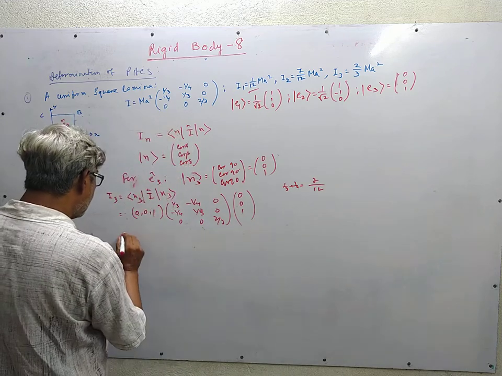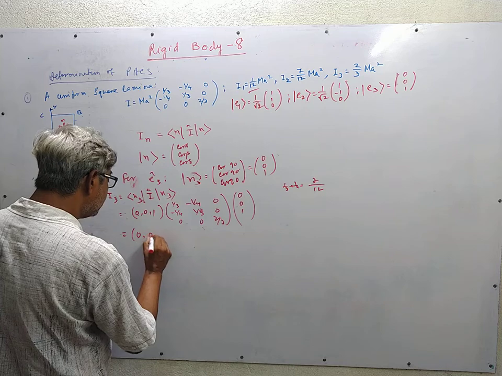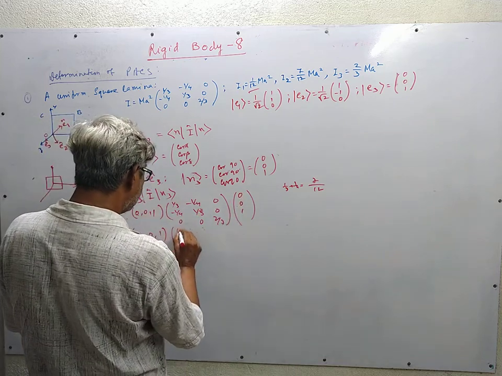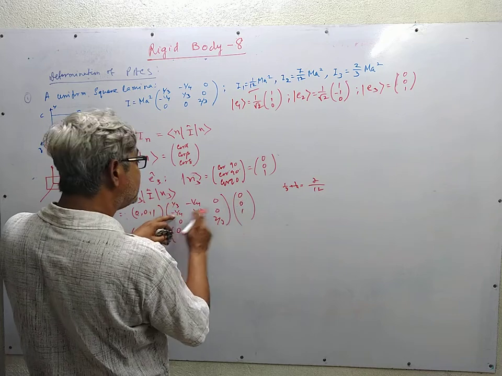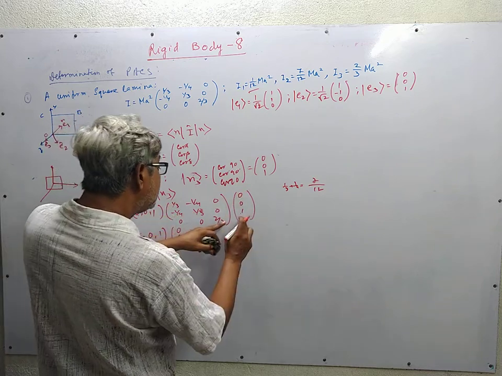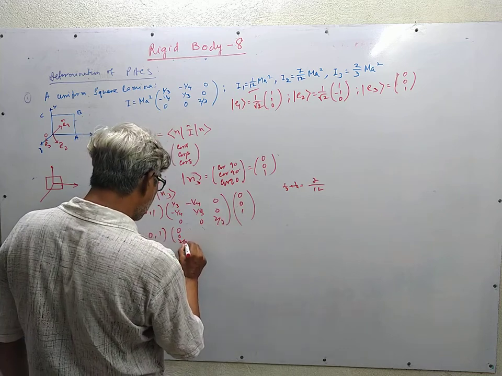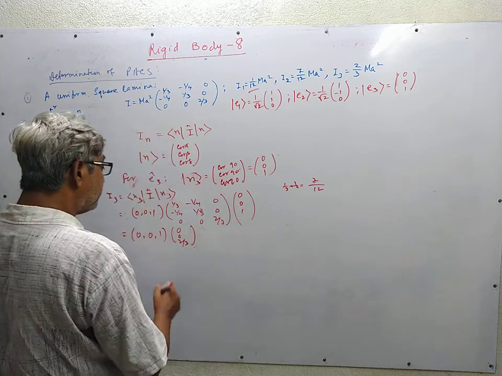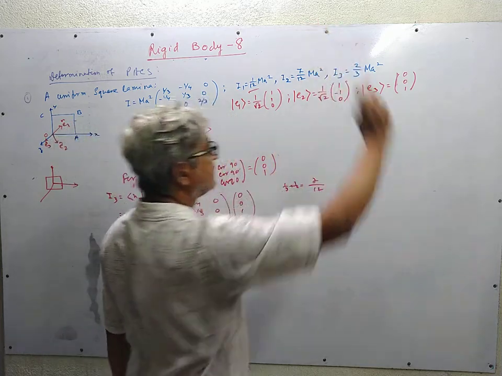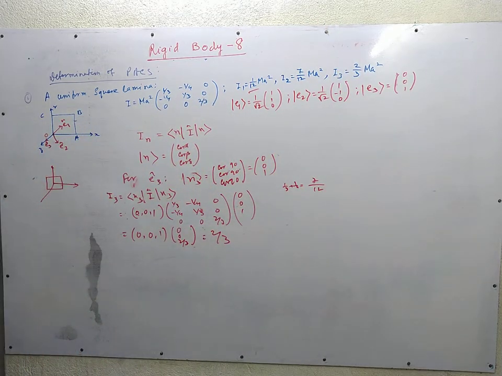This multiplied by this is 0, and only 2/3 remains. When we multiply this, we get simply 2/3, the third eigenvalue.